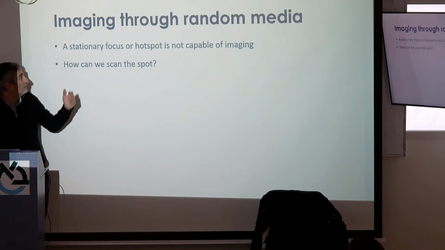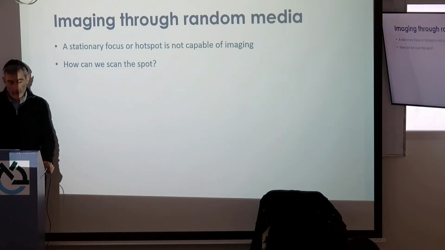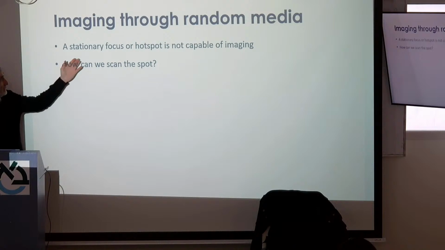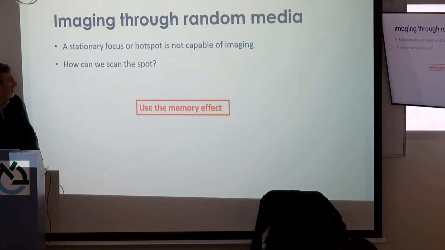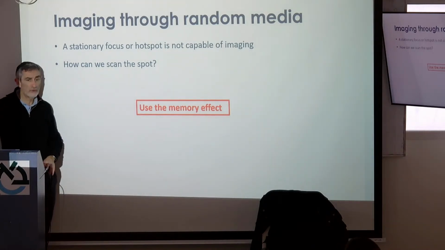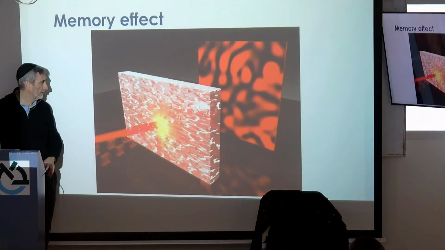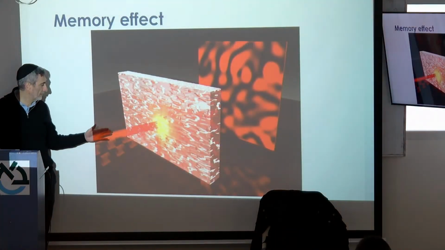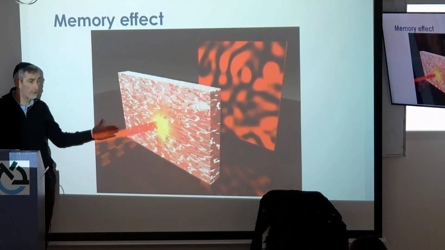If you want to do imaging, just focusing is not imaging. We need to scan somehow, and a way proposed to do that is to use the memory effect. I mentioned that I think 2 weeks ago, maybe. The idea is that one of the parameters you can change is the angle of incidence.